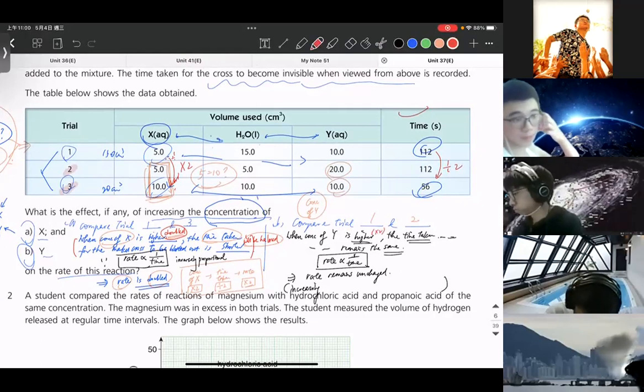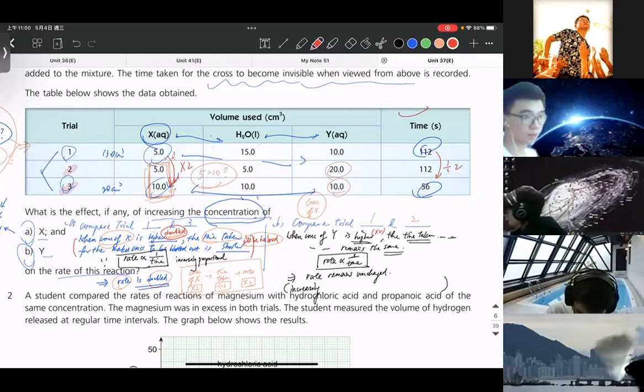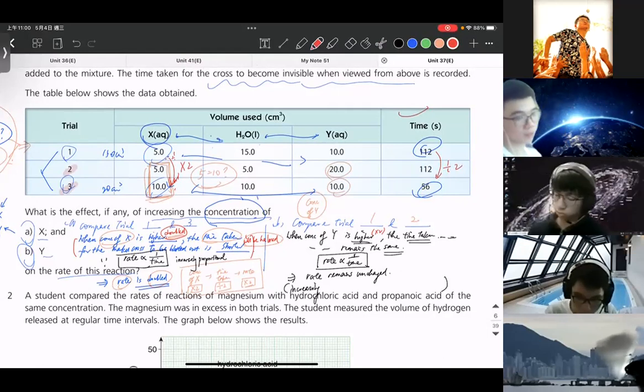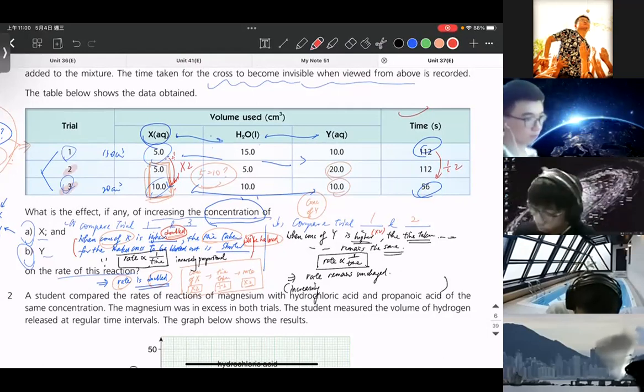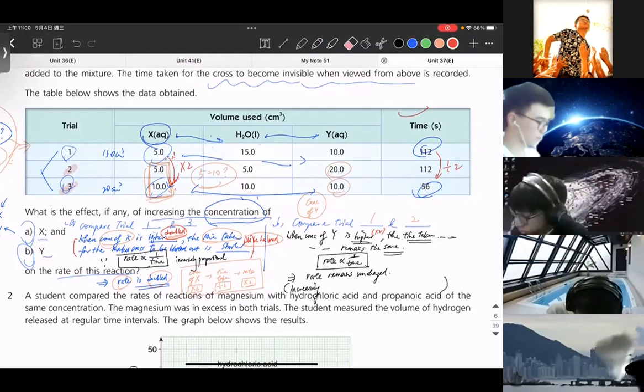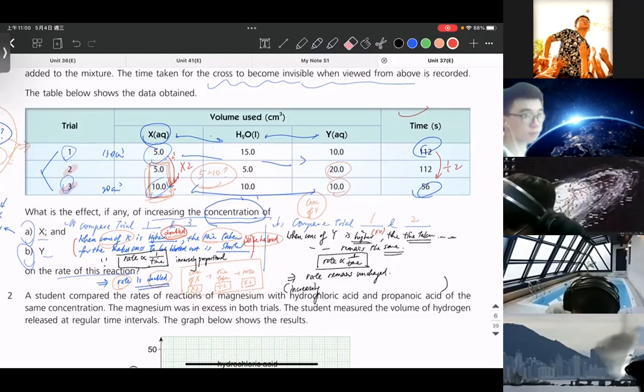So what is the relationship between changing the concentration of Y and the rate? The change in concentration will not affect the rate of reaction. Yes, exactly. So there is no relationship.